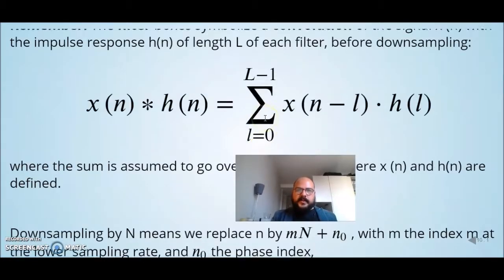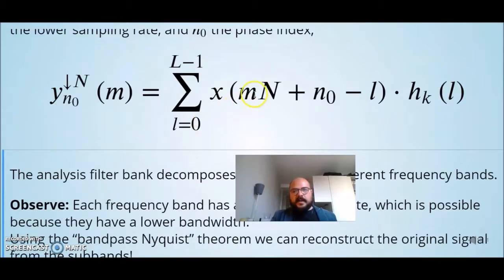So after convolution, we're replacing the index m by m times n plus n0. And we have our downsampled signal that looks like this.